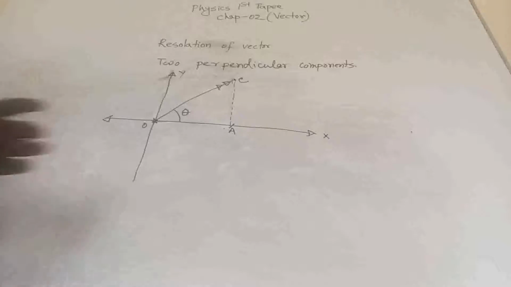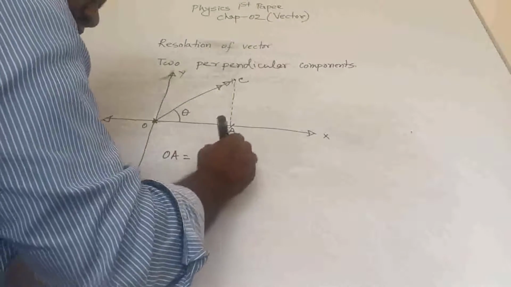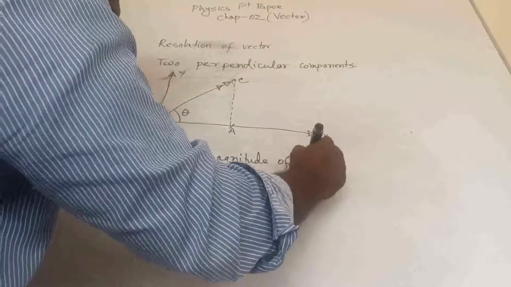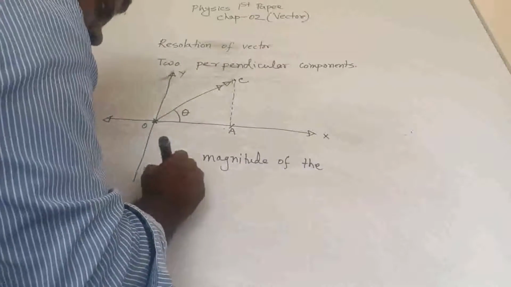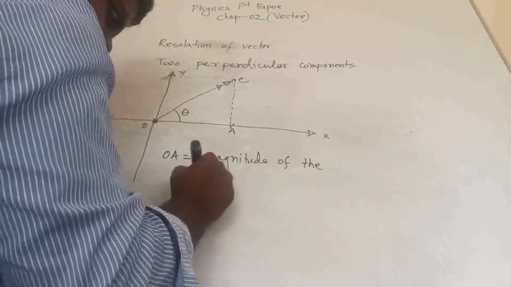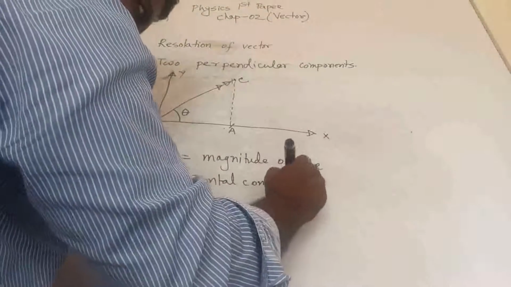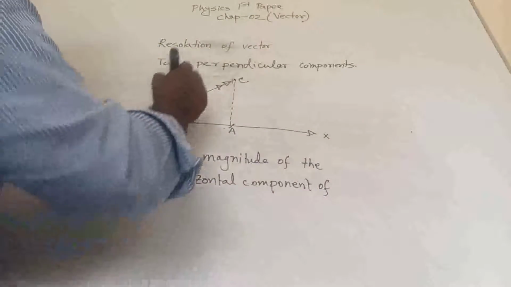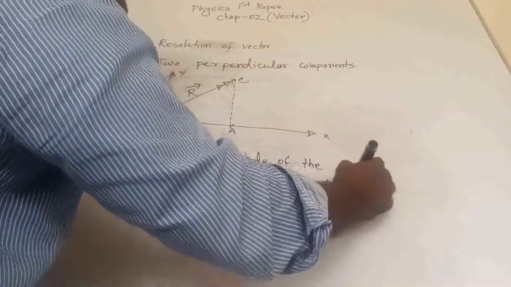It intersects at a length. We can say this length is OA. So this length OA indicates the magnitude of the horizontal component of, let us consider this vector is R vector, of R vector.